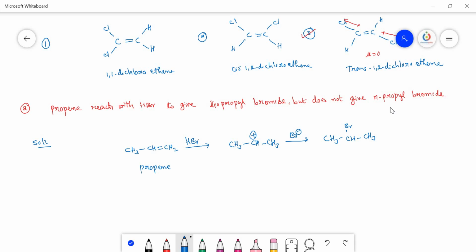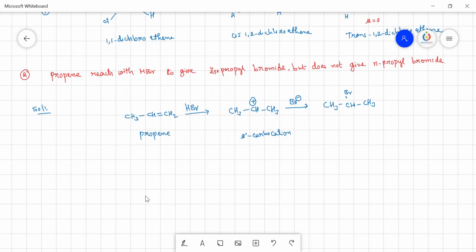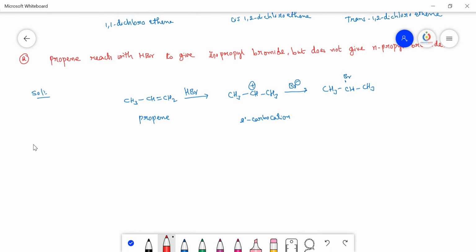And it will not give n-propyl bromide because the secondary carbocation is stable. So in the absence of peroxide, the mechanism follows via the formation of the stable carbocation. If you use peroxide, then we will get the n-propyl bromide, not the isopropyl bromide. So let us solve the next question.